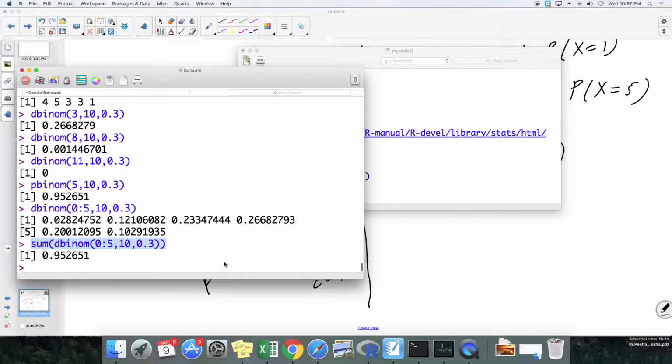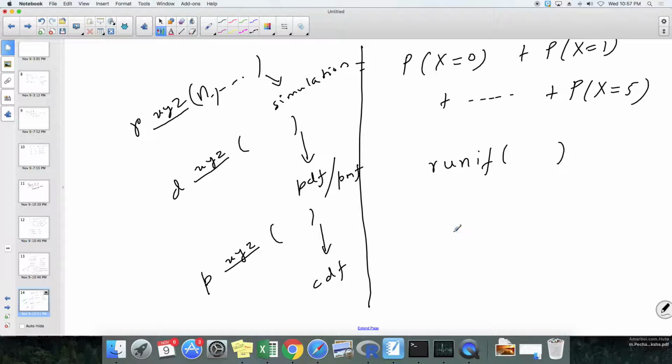So for example, if I do runif(15, 4, 8), this is basically Uniform(4, 8).